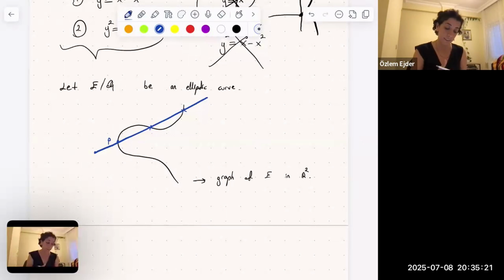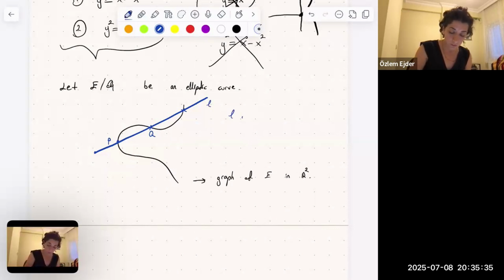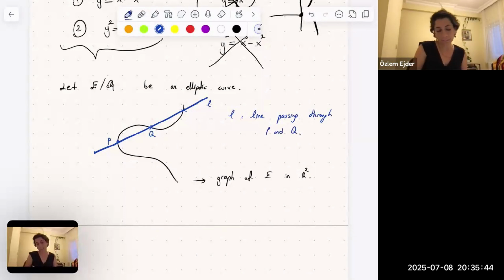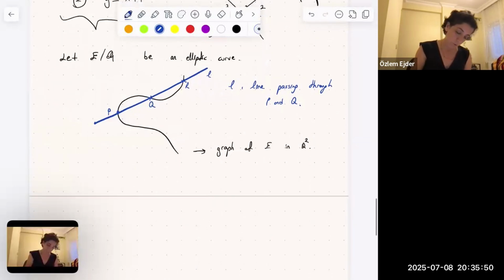So this doesn't quite work, but maybe what I can do is the following. Say I pick 2 points on this curve, P and Q, and then I draw a line L passing through P and Q. Then I expect this line to intersect this curve at a third point. And then what I observe here is that there's a group law.